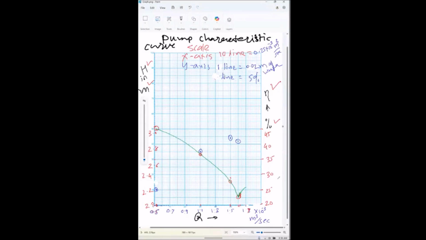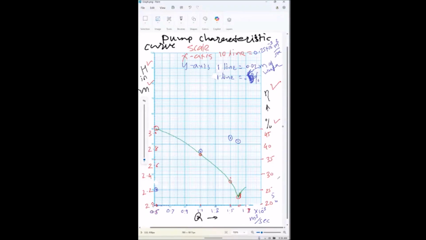Here one line is equal to 0.5%. Between 25 and 30 the difference is 5, divided by 10 gives 0.5. One line is 0.5, two lines is 1.